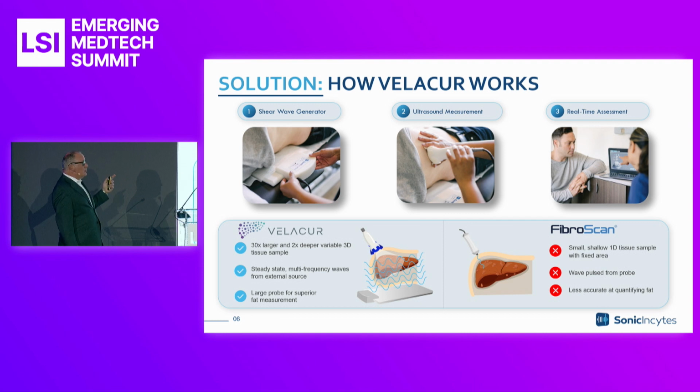As a result, we get 30 times volume of assessment, twice as deep penetration. This disease is not only in high BMI patients, but historically, we have to deal with higher BMI patients, and I'm talking 45, 50, and above, which is a very heavy patient with a large fat cap. So we're very happy with the results.